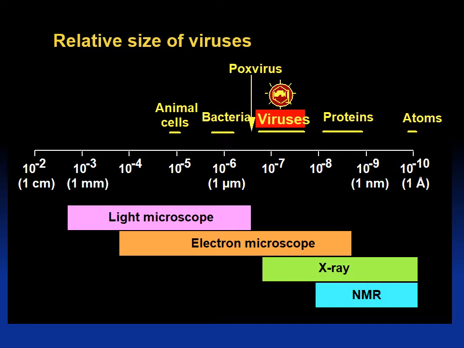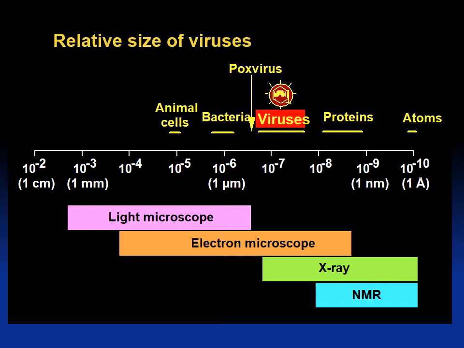Now, as I said, viruses usually fall within the category of electron microscopy, meaning that most viruses, except for pox virus, could not be seen by a light microscope, while the majority of viruses can be detected by electron microscope.